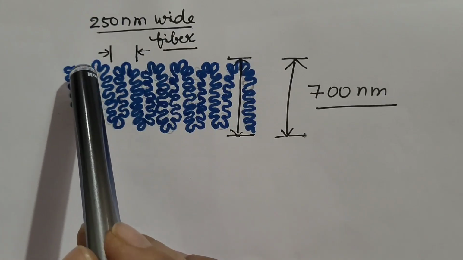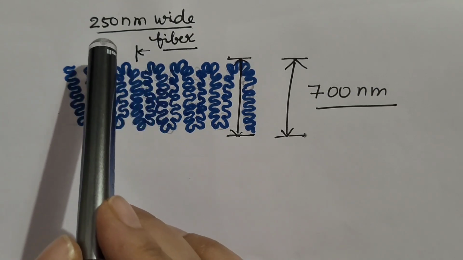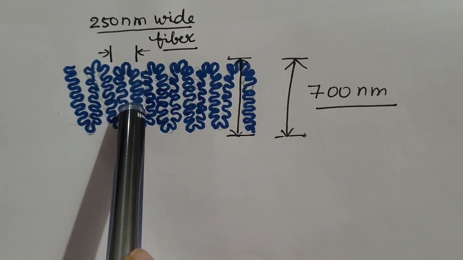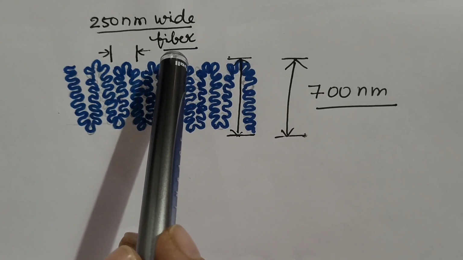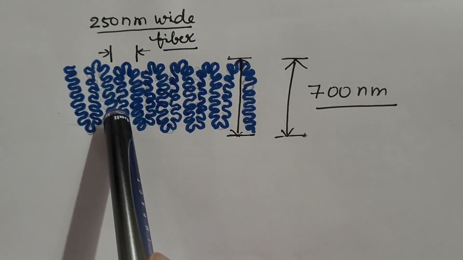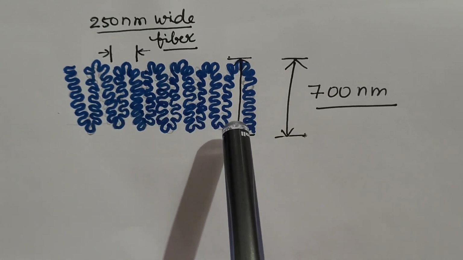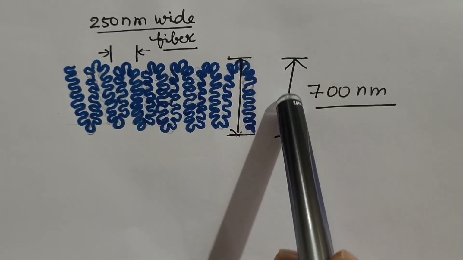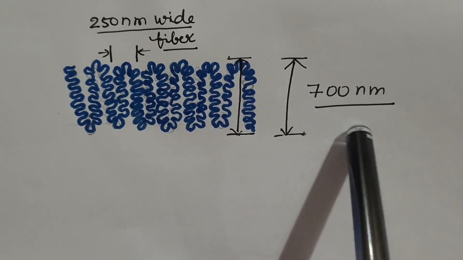So 300 nanometer loops are compressed and folded and give a 250 nanometer wide fiber. Further, 250 nanometer wide fibers are tightly coiled and give the chromatid of a chromosome that is visible in metaphase. The width of this chromatid is 700 nanometer.